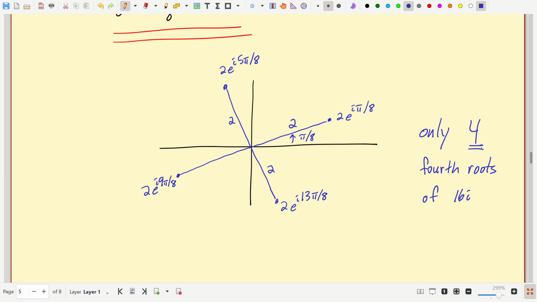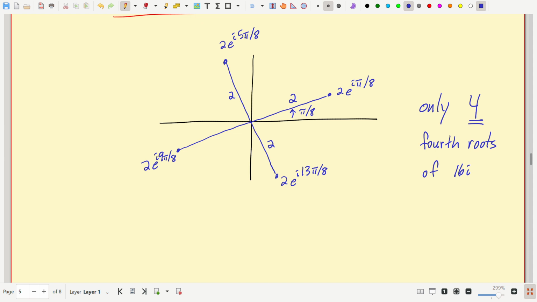Well, I'm dying to start doing calculus now that I got some of this algebra out of the way. And so it's time to talk about topology on the complex plane.